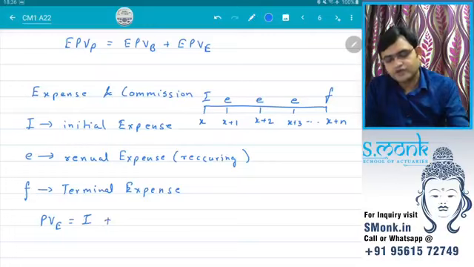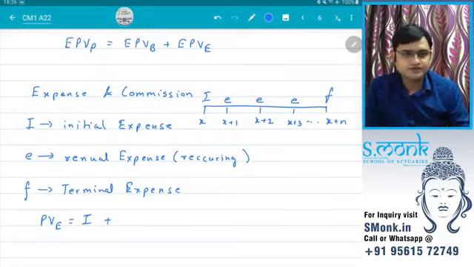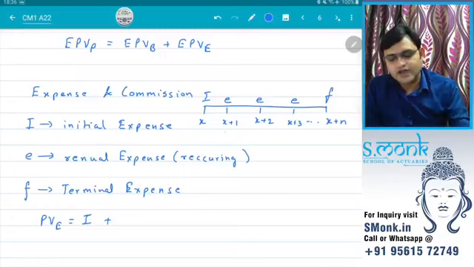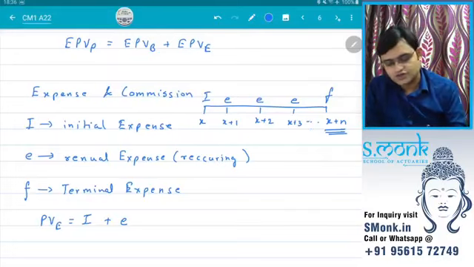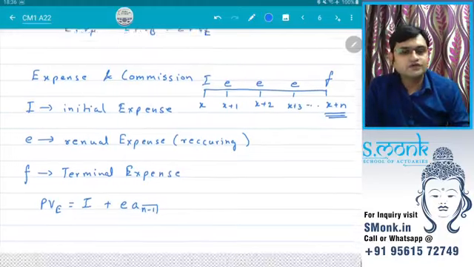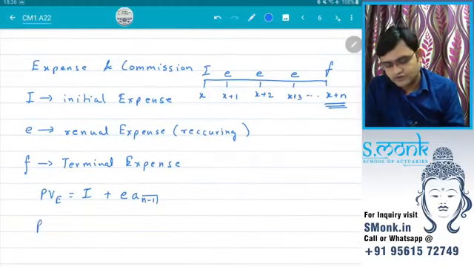Then for renewal expense, you can write it in two ways. You can write it as E times an annuity in arrears for n minus 1 years, because if the policy is going for n years, then the renewal expense will stop at n minus 1. Or there is a better way of doing this, and that is always what we will be using.